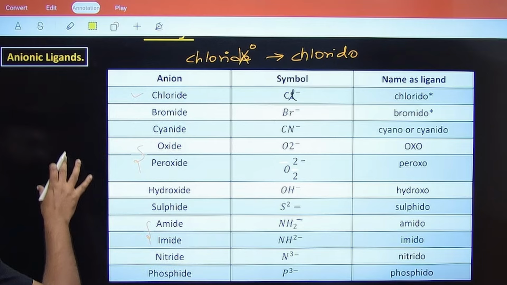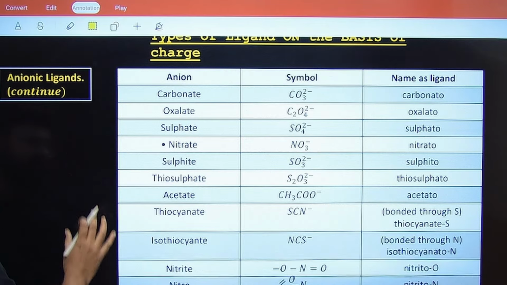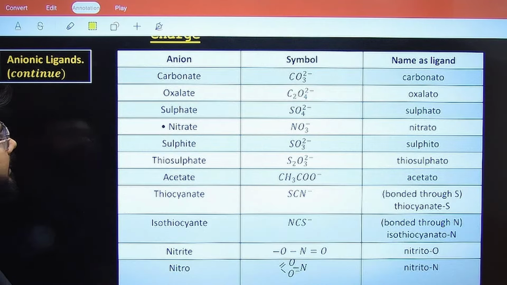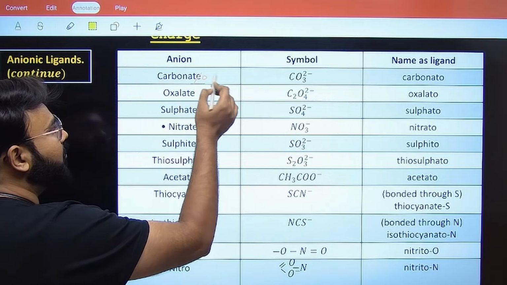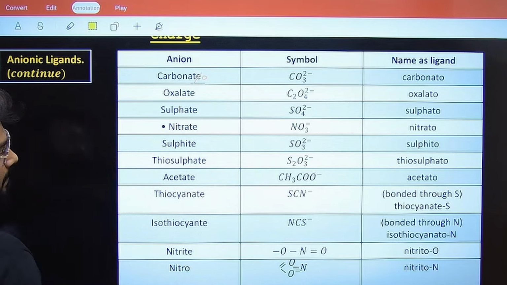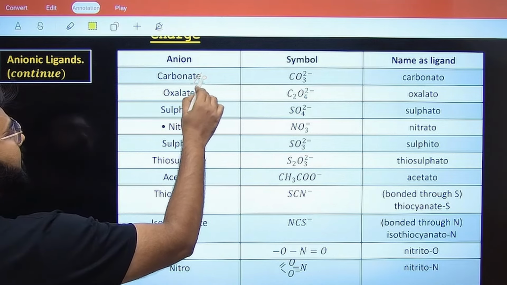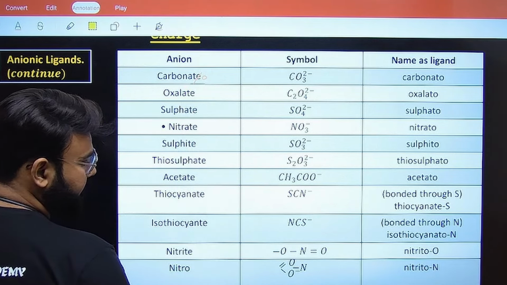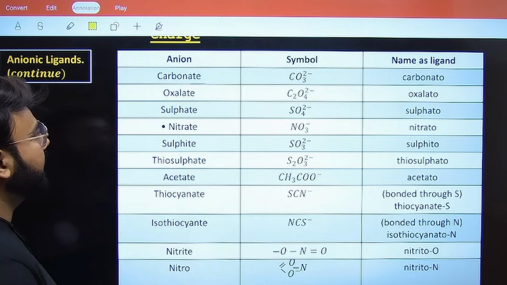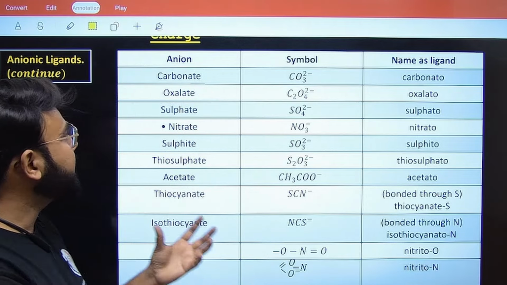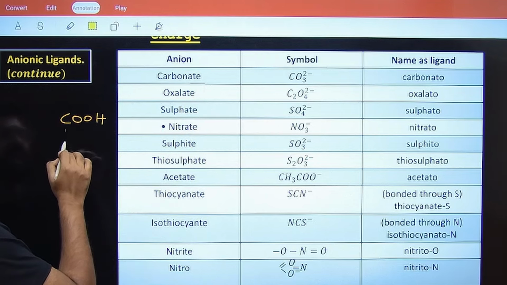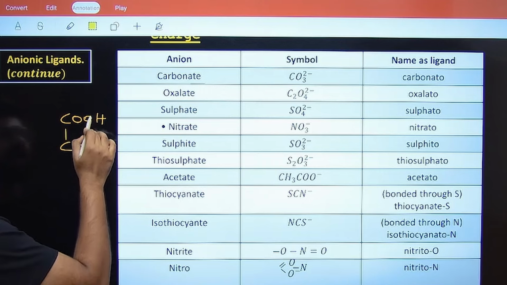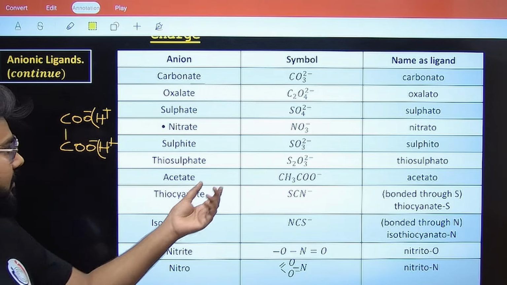Now we will see some more negative ligands. Carbonate becomes carbonato because you replace the E with O. Similarly, oxalate is derived from oxalic acid. When the hydrogen H plus ion is removed, this is C2O4 2 minus.